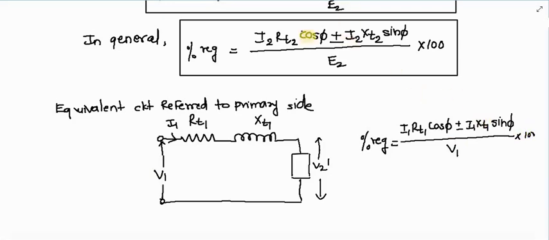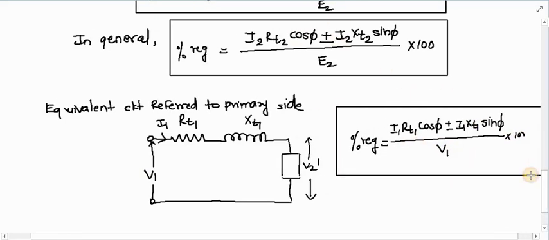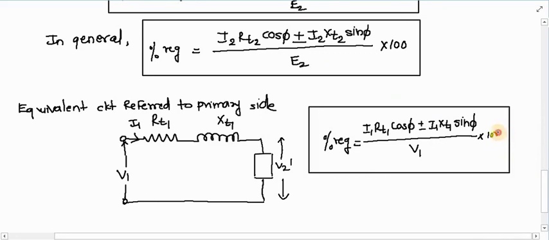So this is the generalized formula if the equivalent circuit is referred to primary side.